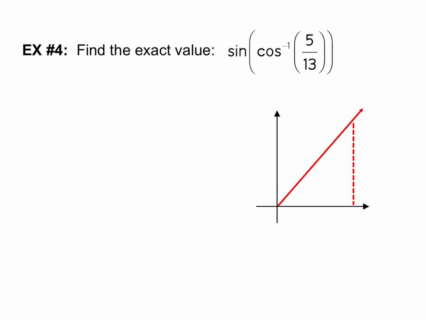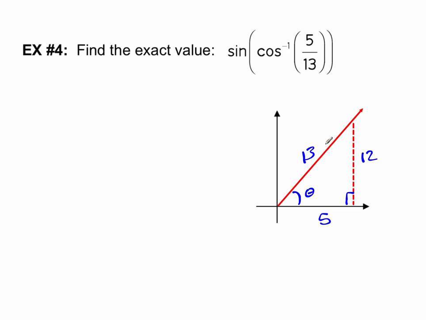Well, let's try another one. Let's find the sine of the angle whose cosine is 5/13. Well, this is going to be positive. So here's my angle. So the cosine is 5/13, and I recognize this as a 5, 12, 13 right triangle.